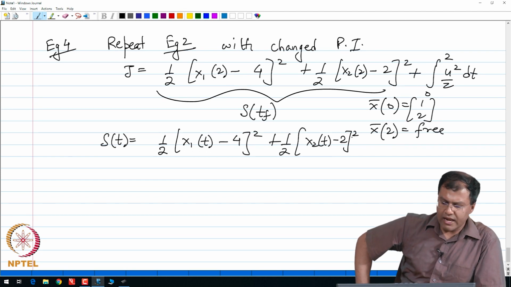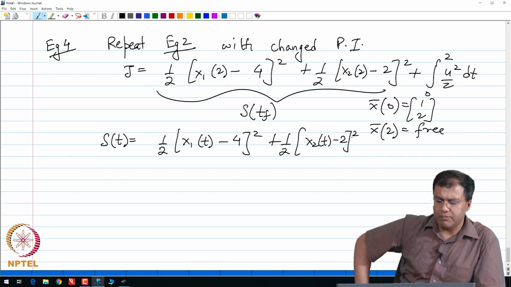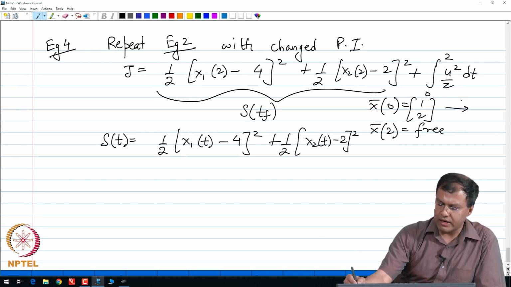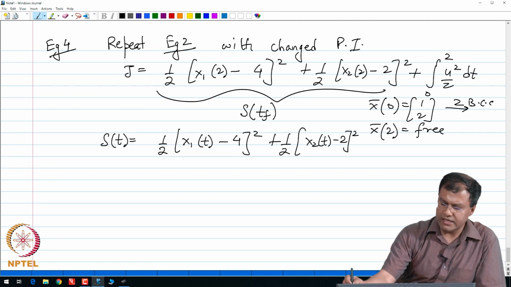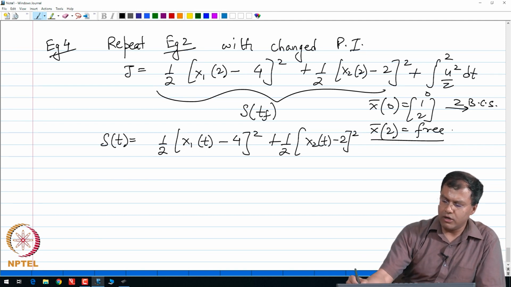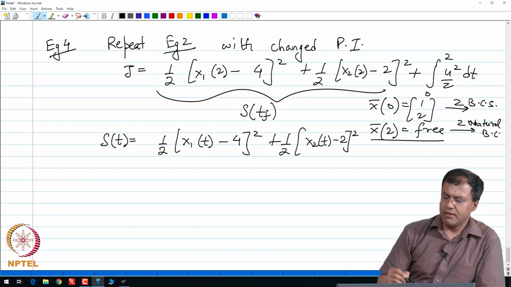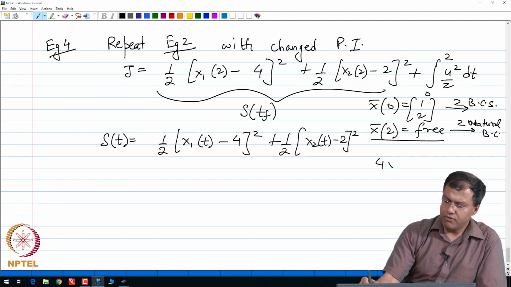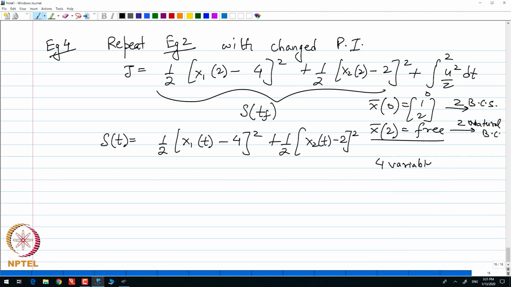So, now again we use the same solution methodology, but now I have a terminal cost function, and notice that we have two boundary conditions here, and also I will get two natural boundary conditions from my free boundary, and of course I have 4 variables, which are my x 1, x 2 and my lambda 1, lambda 2.